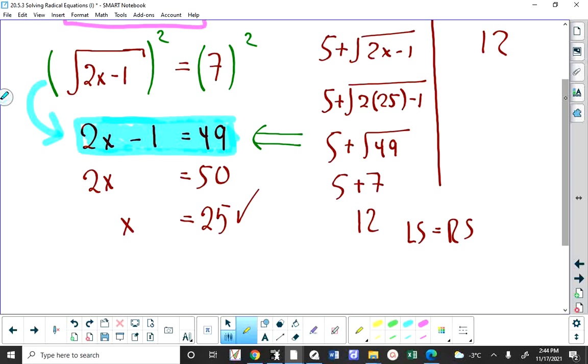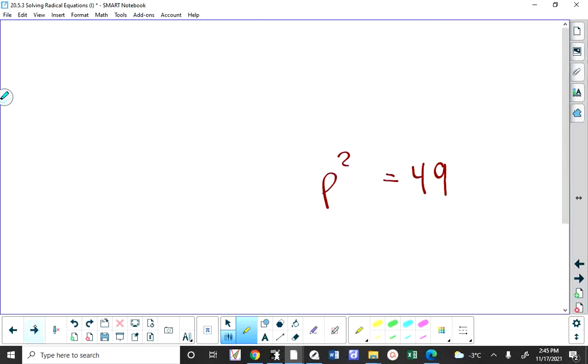You have to check all of them in the original equation to find out which ones are answers and which ones we're going to say, no, that's not an answer. In which case, the one that is not an answer is called an extraneous root, which is kind of silly because root means solution. It's not a solution. It just doesn't work. Let's move on to the second example now.